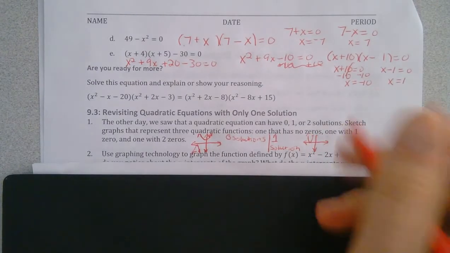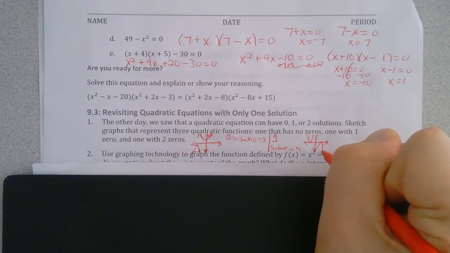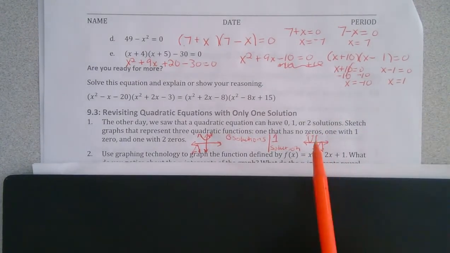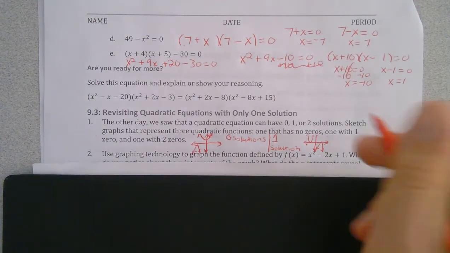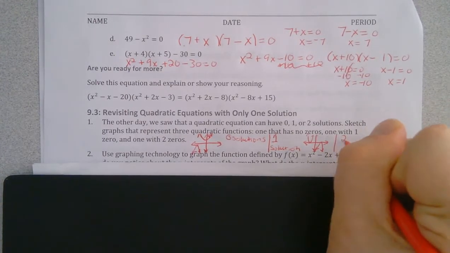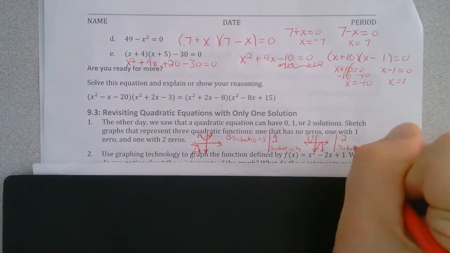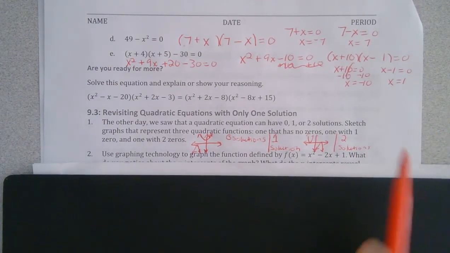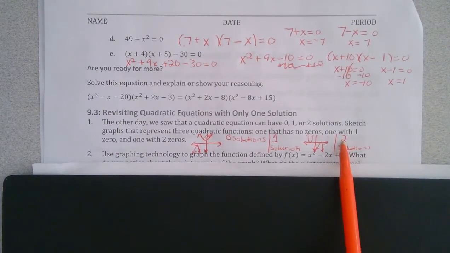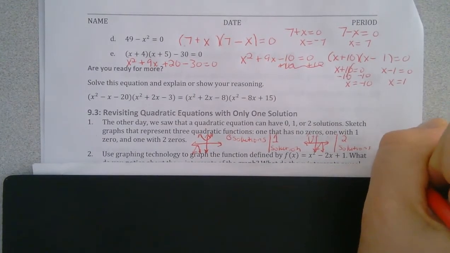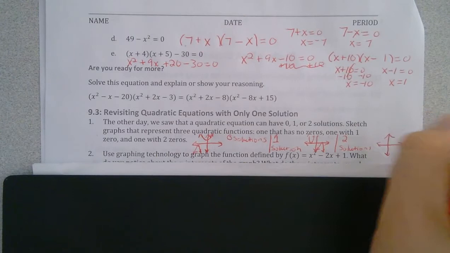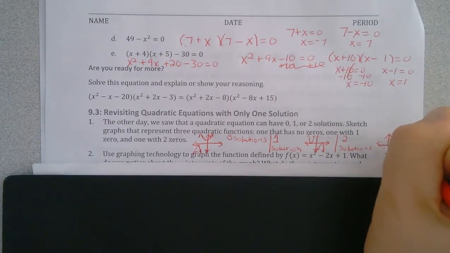Then I'm going to do a reflection over here. And then remember, this was a horizontal translation. I can move that over there. And then two solutions, if I sketch that. I would see that the parabola is just going to touch the x-axis twice. So I could draw something like that.